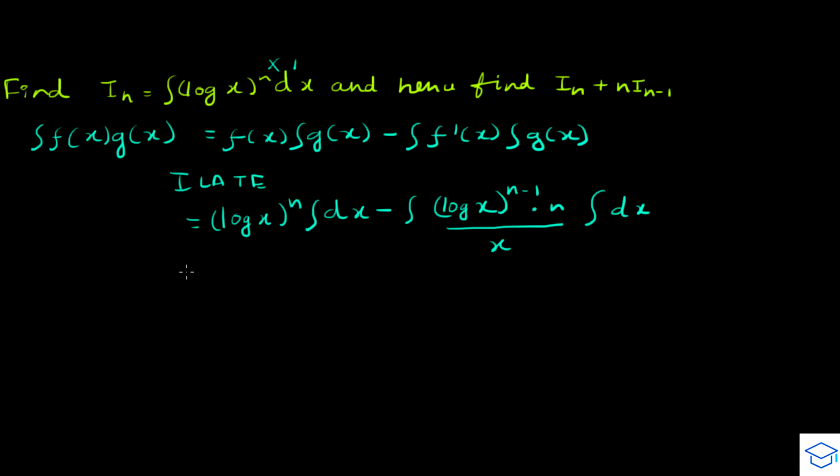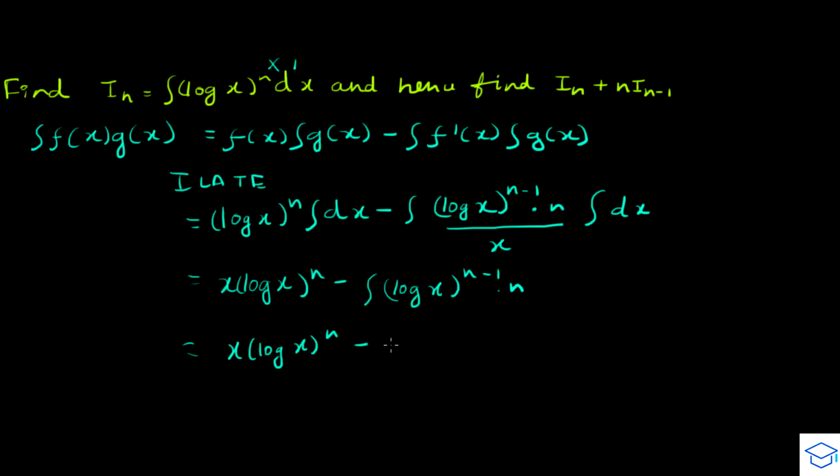So now simplifying this further, I will get x (log x)^n minus (log x)^(n minus 1) into n, as integration of dx is x and x gets cancelled over there. So x (log x)^n minus n (log x)^(n minus 1). So the left hand side is actually In, which I have not written till now.